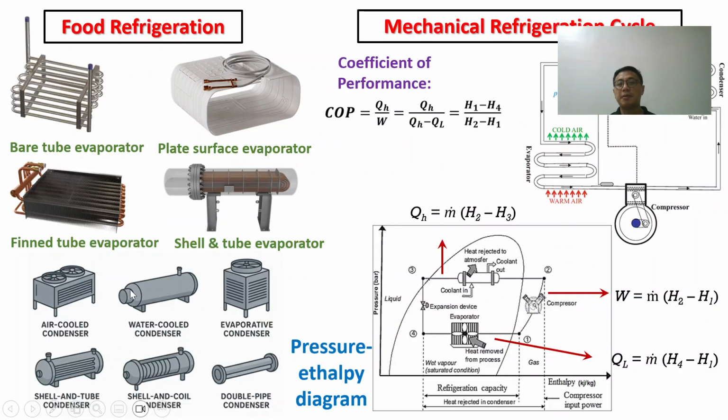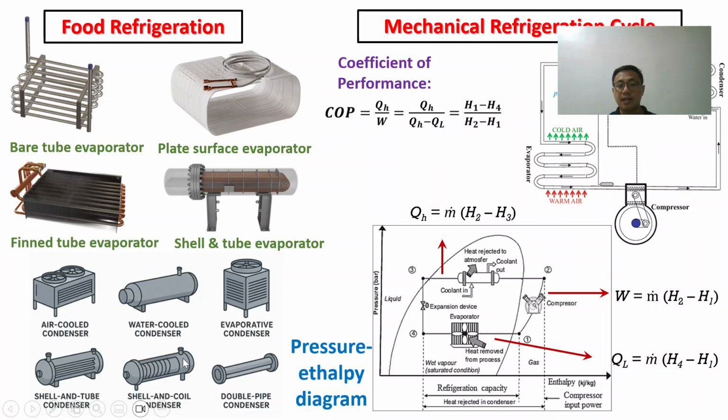It can be like a double pipe type. Cold water at the outside, inside is the refrigerant vapor, hot vapor. Or an evaporative condenser. We have a fan here and evaporation. And shell and tube heat exchanger, we can have liquid flowing through or any heating medium, cooling medium, or shell and coil.